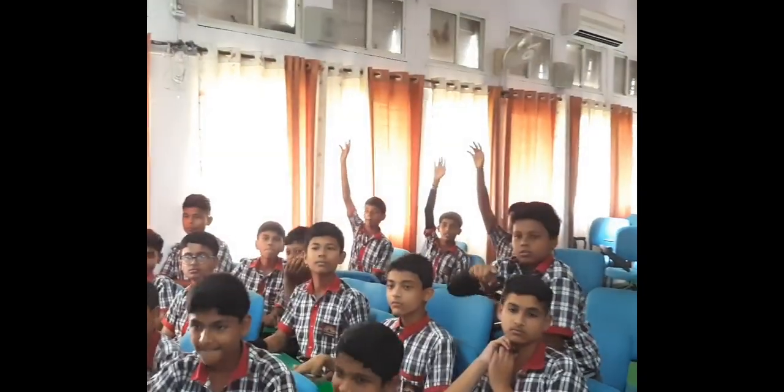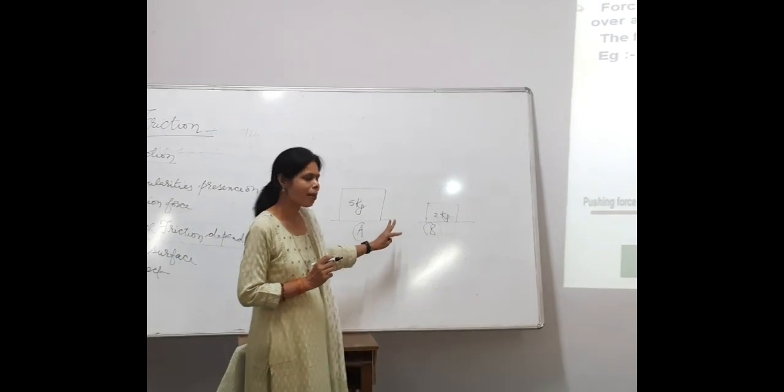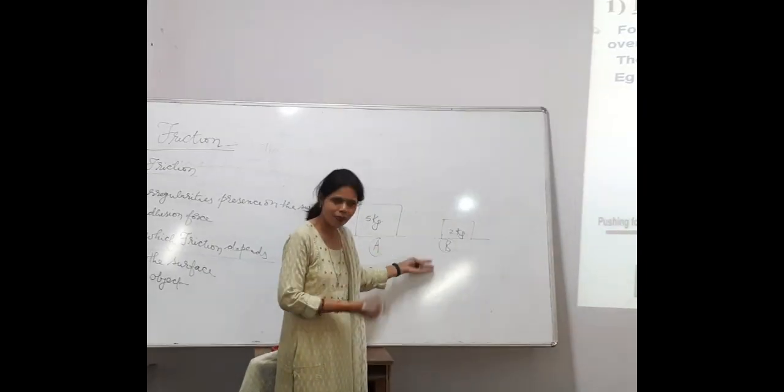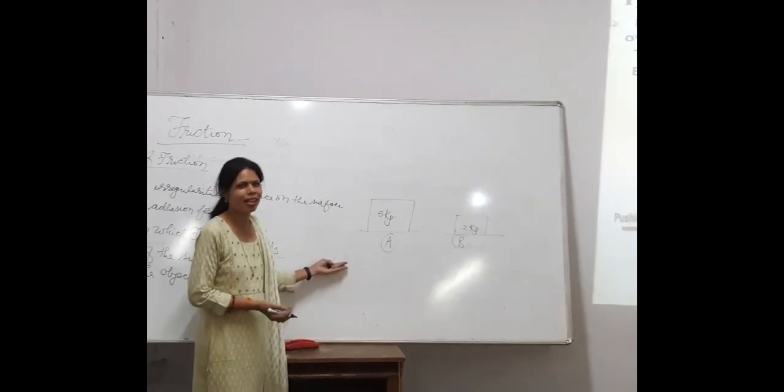The 2 kg mass, because the friction is lesser. When the mass is less, friction is less. If mass is more, friction is more.